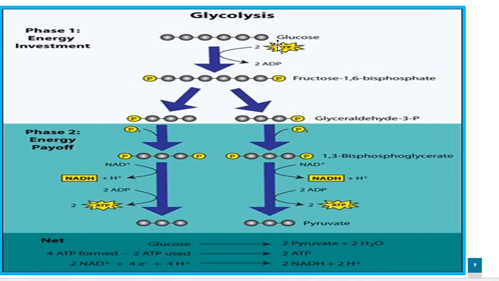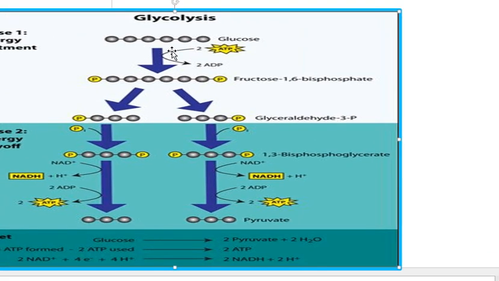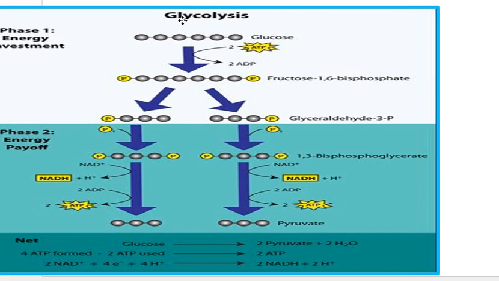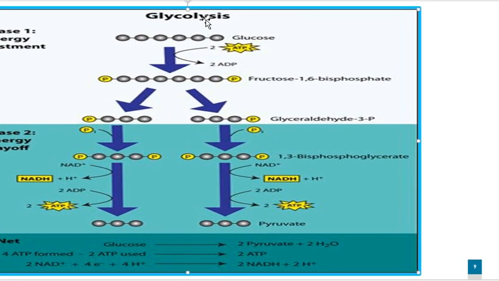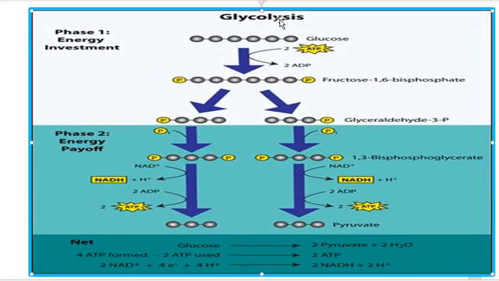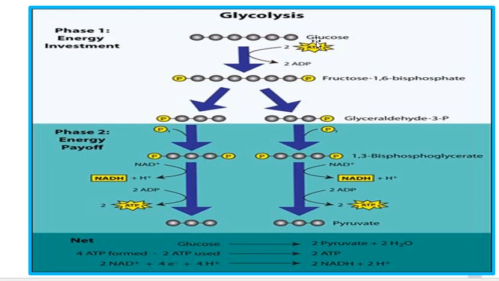So ang glycolysis, it happens in two phases. So we have the energy investment phase, and then the other one is the energy payoff or harvesting stage. Okay, next, in here, mao ni si glucose. So glucose, in here, 6 carbons. Mao na nga 6 carbon na siya.